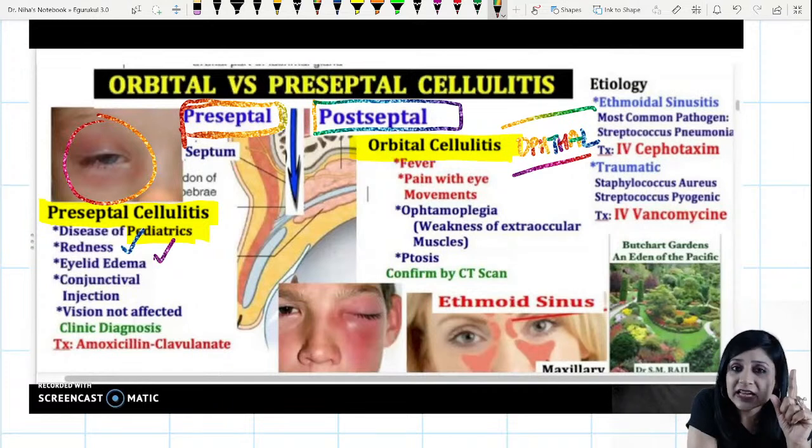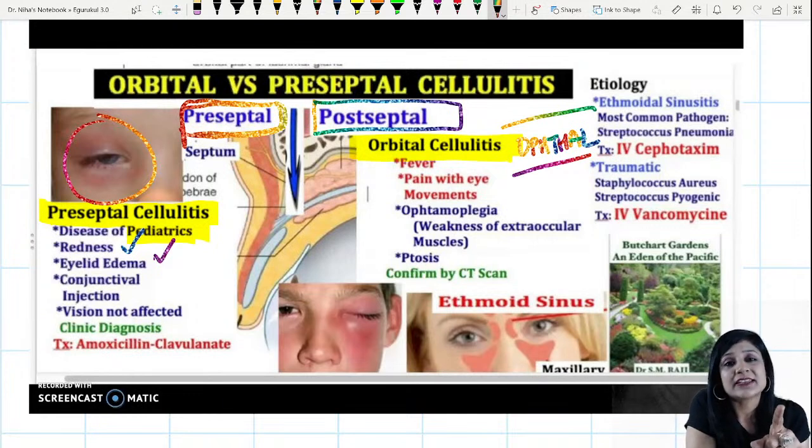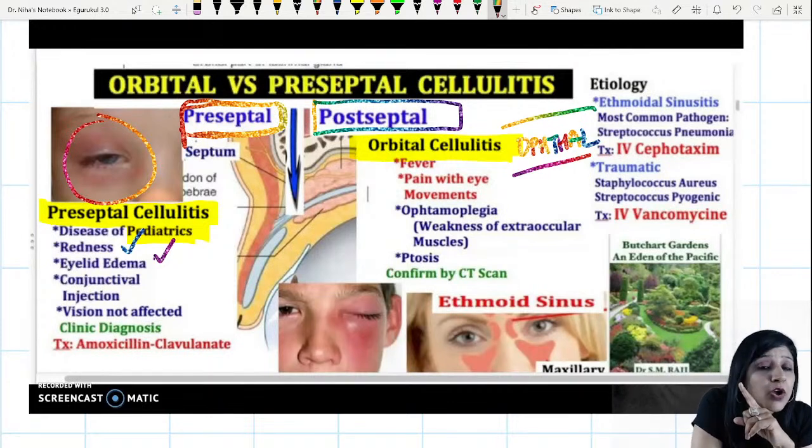And once it is a case of orbital cellulitis, you will have to look at the other things also. You will have to do the monitoring also. Why? Because if it is a case of orbital cellulitis, you have the risk of cavernous sinus thrombosis. So certainly you cannot take it easily.